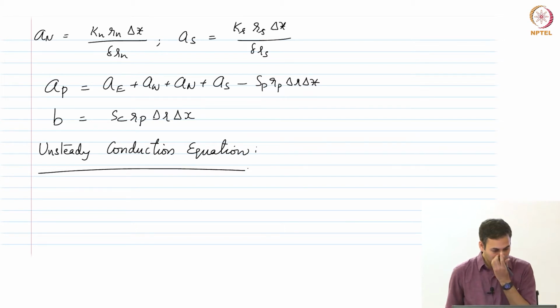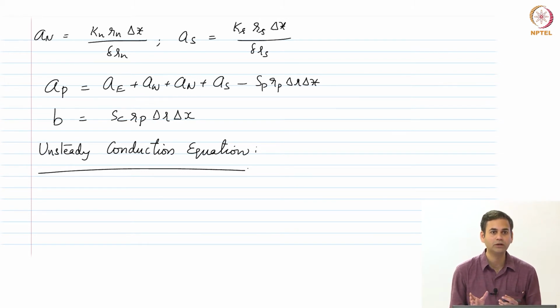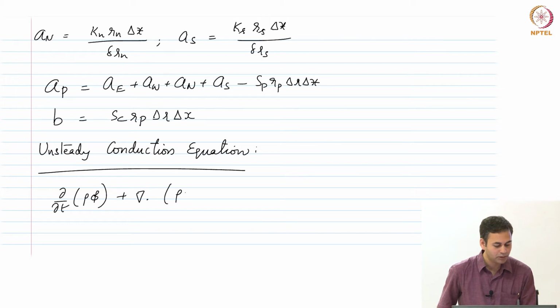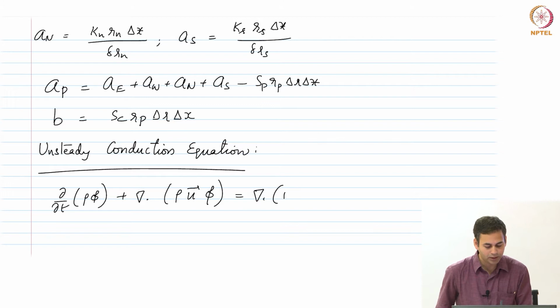So, how do we obtain the unsteady conduction equation? Essentially take the general scalar transport equation and knock out the convection term. What was the general scalar transport equation? That was partial t rho phi plus del dot rho u bar phi equals del dot gamma grad phi plus s phi.